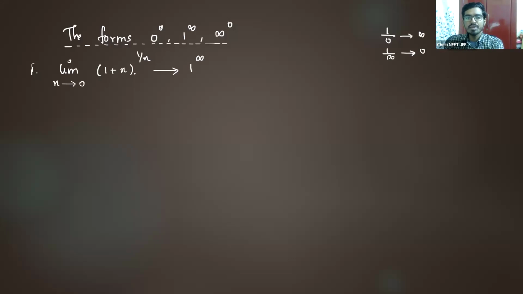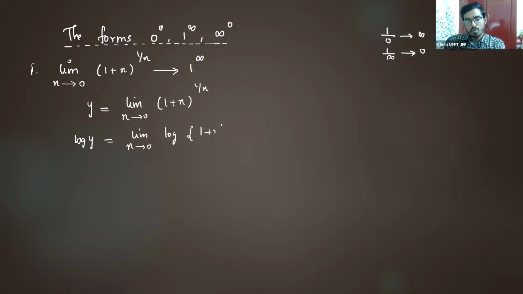Okay. Now, if it is of the form 1 power infinity, what we'll do is, let us call this limit y, right? y is the limit of this function, limit x tending to 0, (1 plus x) whole power 1 by x. You take log on both sides. So log y is equal to limit x tending to 0 of log of (1 plus x) whole power 1 by x.